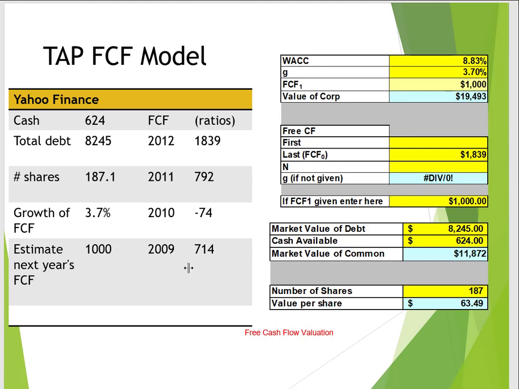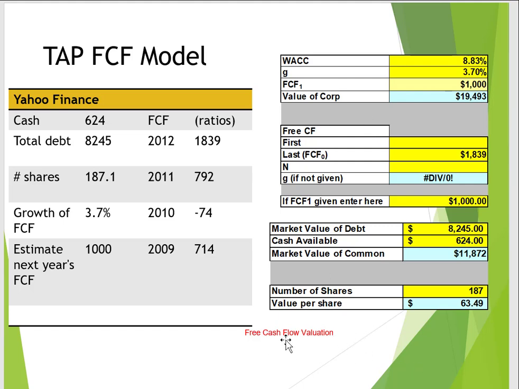And here is the free cash flow for the last several years of TAP. Now, these free cash flow numbers can either come from your own analysis, some type of ratio analysis, but frequently in Yahoo Finance, they only give you the most recent free cash flow. So you may have to do some calculations for these numbers.